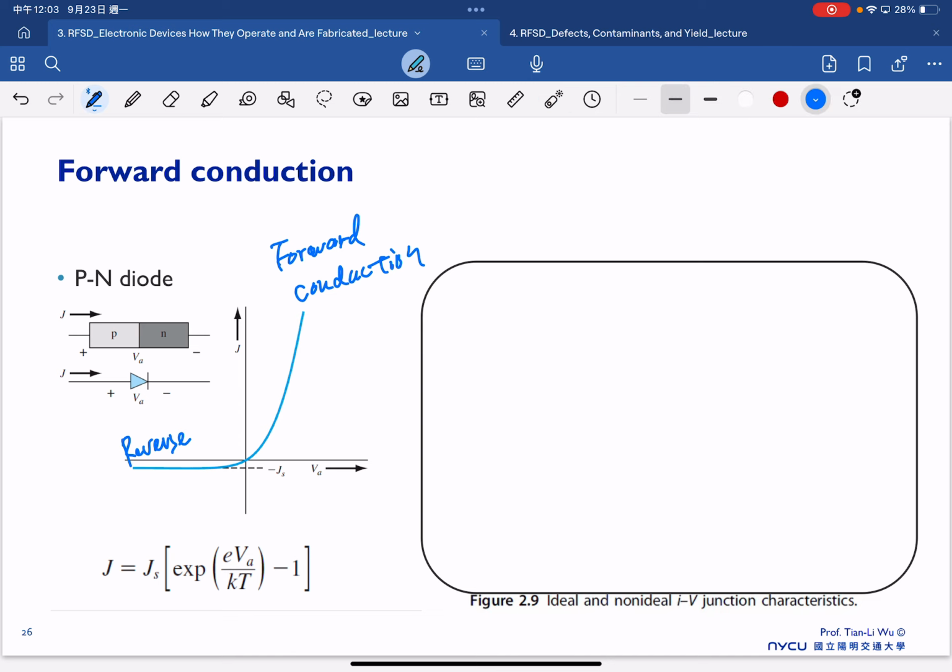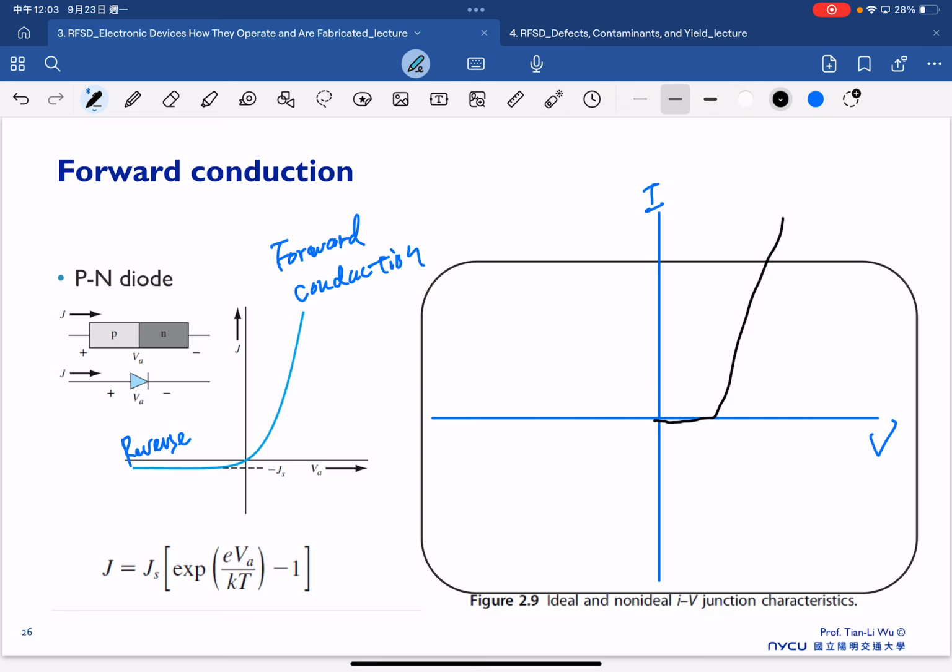But if you had a chance to fabricate or measure the diode yourself, the forward characteristic is roughly the same. Once we increase the bias, we start to see the current increase, and we define this as the forward turn-on voltage. But in reverse, it's different.